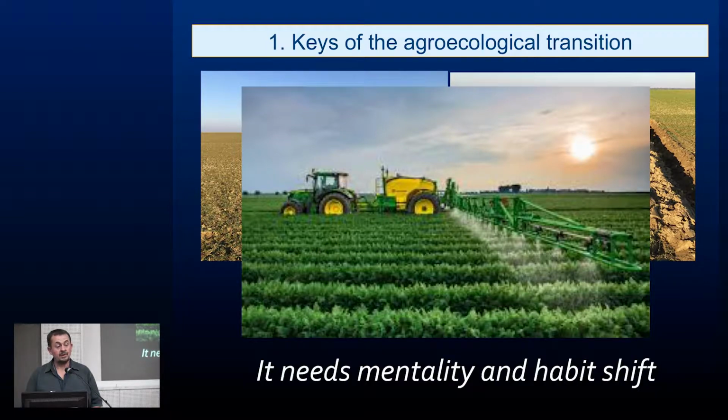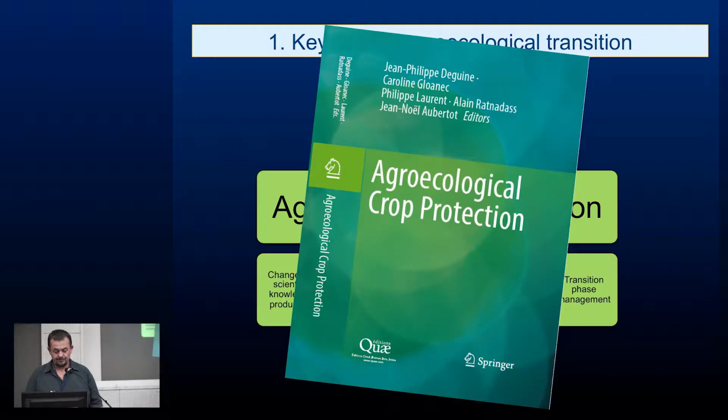It also needs a mentality and habit shift, because we have habits, we have uses, and it's not easy to change, especially for farmers. In the book, Agroecological Transition, chapter 5 is completely devoted to this case of agroecological transition, so I don't stress on it.